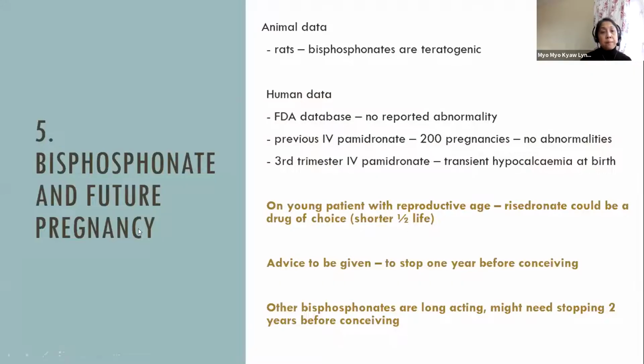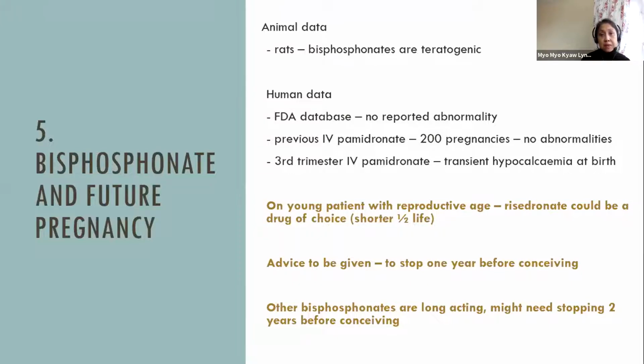The last side effect that I would like to address is bisphosphonates and future pregnancy. Bisphosphonate is not safe in pregnancy. We have very little human data, so we can't rely on this, as the sample size is very small.